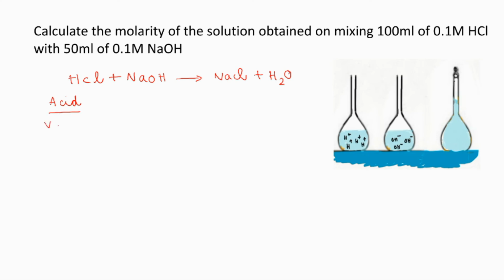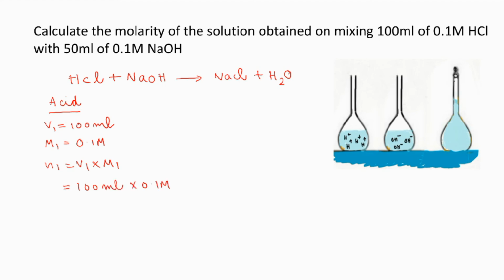V1 is 100 ml. What is the molarity of the acid solution? M1 is 0.1 molar. From this, is it possible to calculate the number of moles? Yes. Number of moles N1 is equal to V1 into M1. Substitute 100 ml into 0.1 molar.